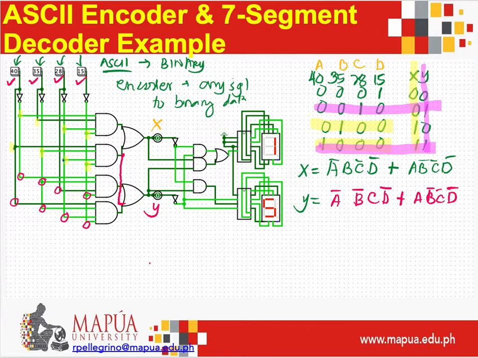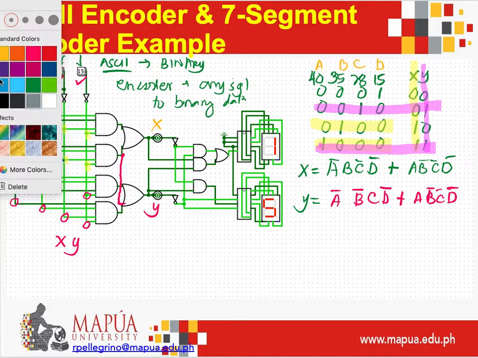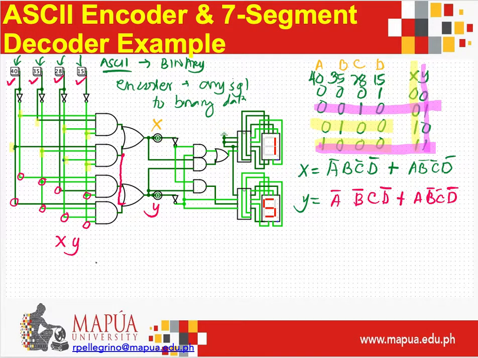We have input x and y, and we have two 7 segments, which are represented by A1, B1, C1, and D1, which is this part, and of course for the second one we have A2, B2, C2, and D2.